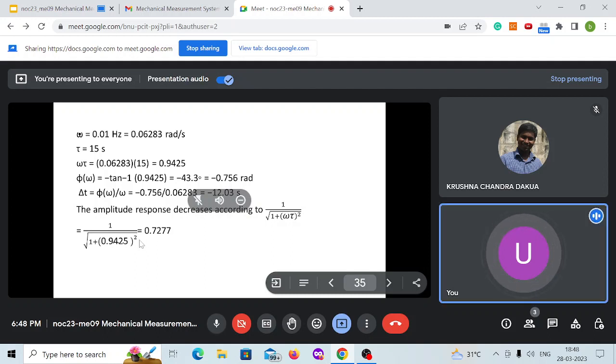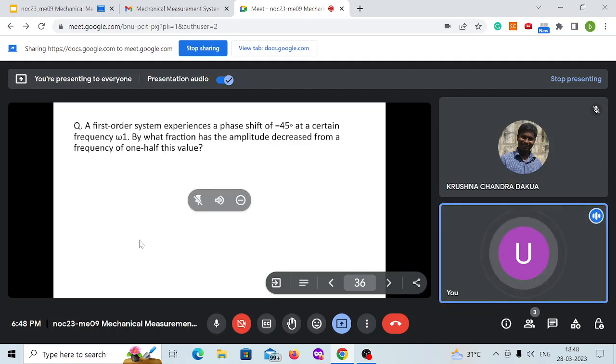Then moving on to the next question, we have a first order system which experiences a phase shift of minus 45 degrees at a certain frequency omega 1. Because of omega 1 there is a phase lag of minus 45 degrees.